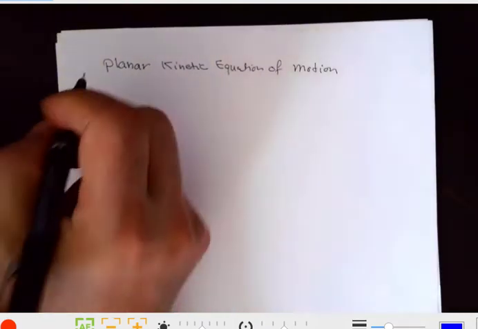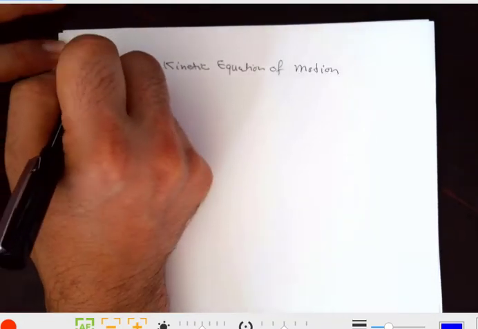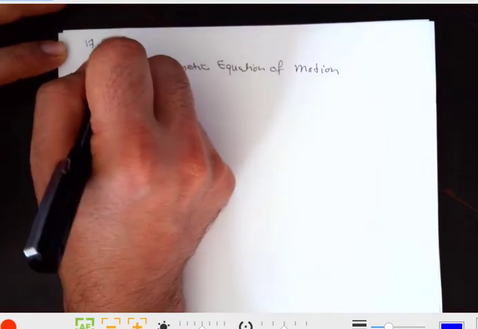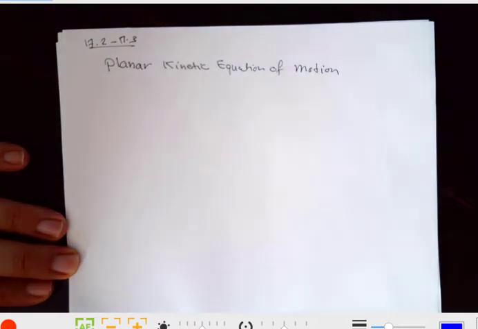Now, chapter 17, points 17.2 and 17.3, we'll discuss the planar kinetic equation of motion, more particularly focusing on the translation, but we will introduce the equation of motion for general motion.